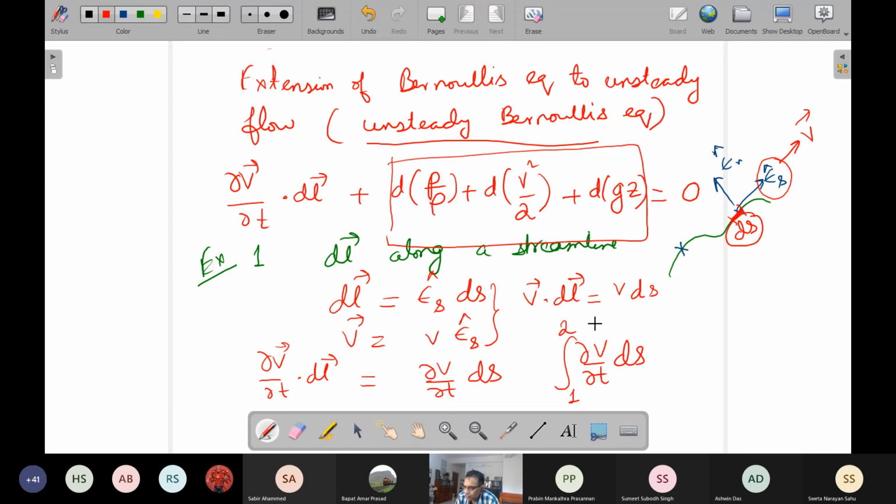To summarize, the steady version of the Bernoulli's equation may be extended to unsteady situations. When applying it along a streamline, this is the specific term that you have to add along with the other terms when integrating between the 2 points 1 and 2 on the streamline.